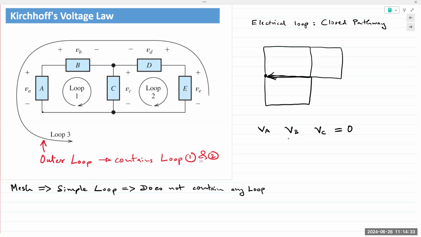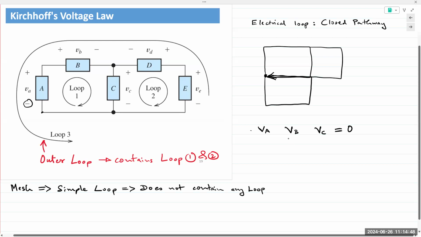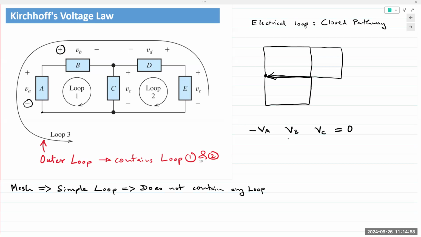The way I apply KVL is like this. I start at the bottom left corner, and I see the polarity of the voltage that I encounter first. So VA, I encounter the minus sign first. So I'm going to put down a minus sign in front of VA. Then for VB, I encounter a positive sign. So I'm going to place a positive sign in front of VB.